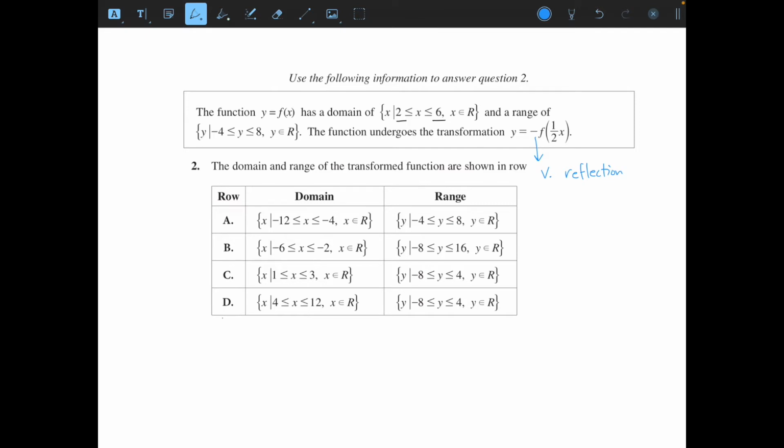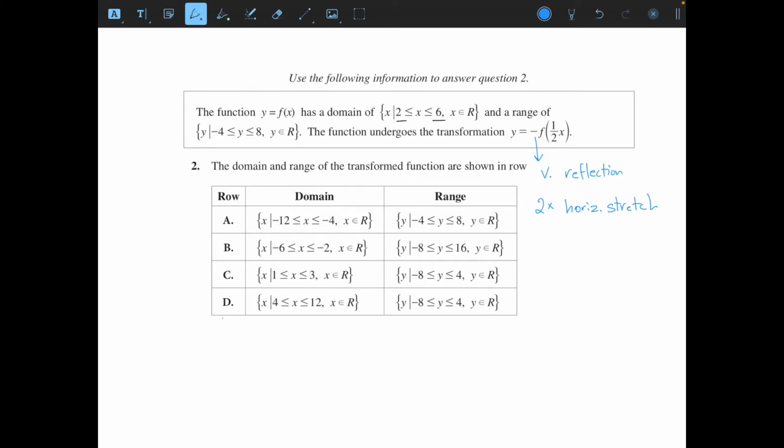Okay? And then this half x, since it's acting on the x, the opposite thing is going to happen. So instead of halving whatever value you have, it's going to be a 2 times horizontal stretch. Okay, and then now let's just apply this to our domain and our range.